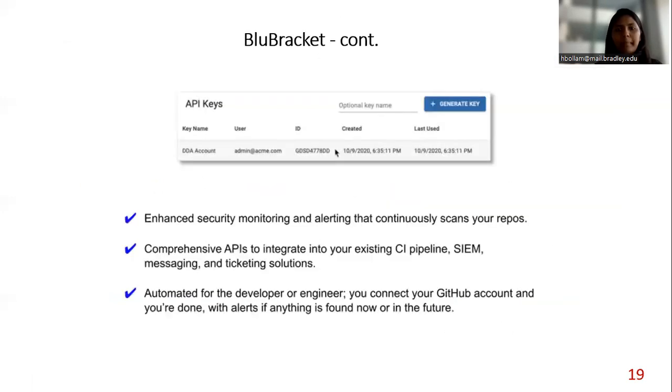And coming to the API keys, this is one of the best features in Blue Bracket. These comprehensive APIs are to integrate into your existing CI pipeline for messaging and ticketing system. With these API keys, it helps us test mostly web API applications, and it provides enhanced security monitoring and alerts that continuously scan your repos.